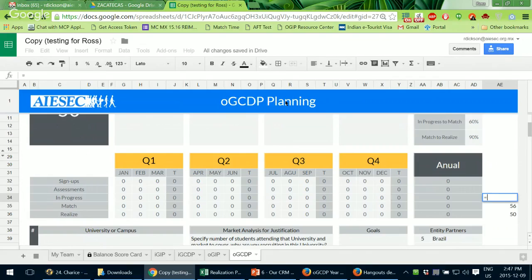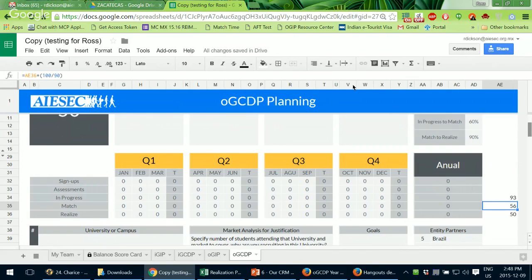So I'm going to put equals, and then I click this cell, equals times bracket 100 divided by 60. Here. So again, now you have 56 matches, and you'll now need 93 in progress in order to get 56 matches, because only 60% will match.